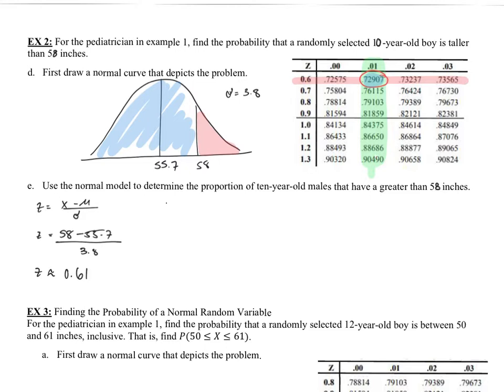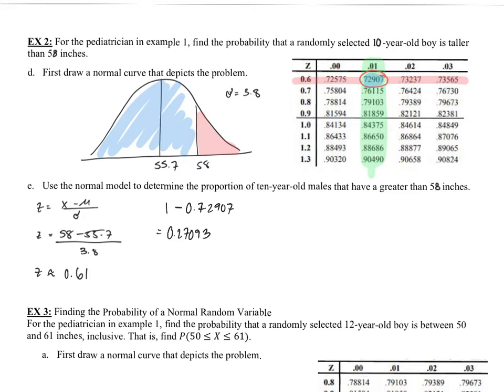So we're going to take 1 and subtract away from it the 0.72907, and once we've subtracted this value away, the remaining area will be what we want. So let's calculate that. That's 1 minus 0.72907, which gives us 0.27093.